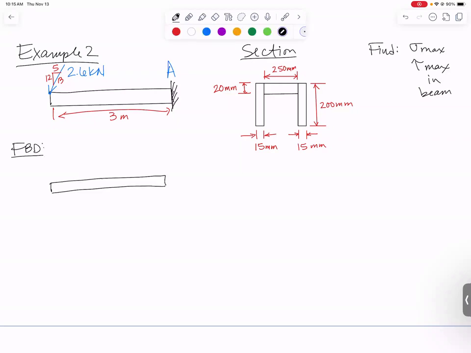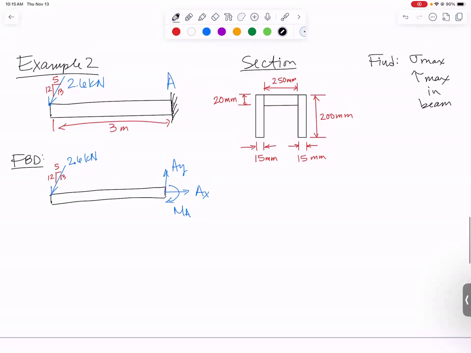We have our applied 2.6 kilonewton force, which acts at that 5, 12, 13 orientation. At the wall, we will have an AY, AX in some direction, and maybe an applied couple MA because it is a clamped support, so it provides all 3 of those reactions.